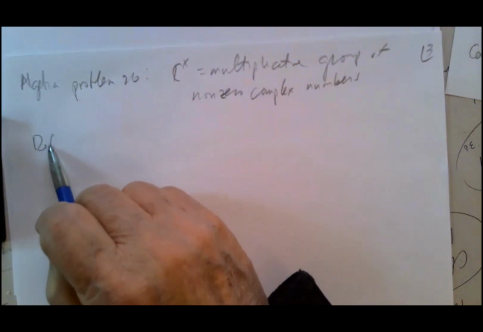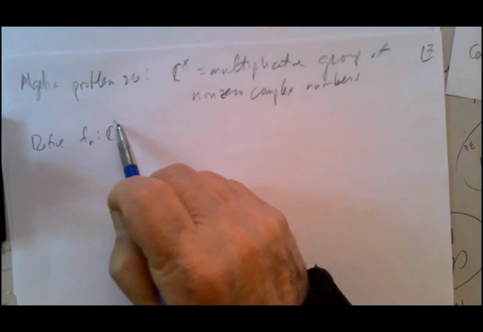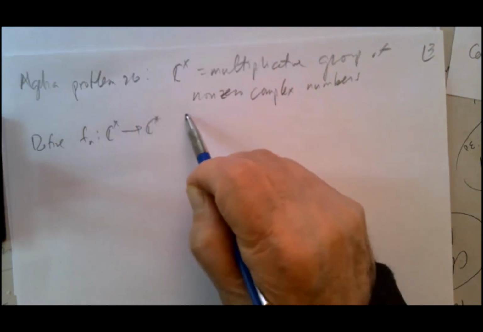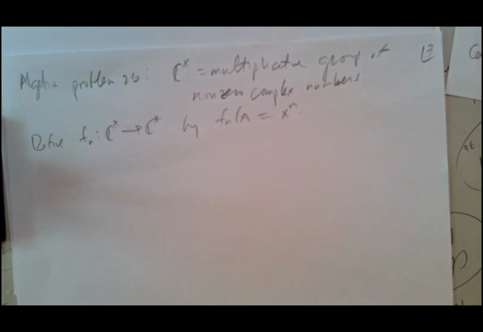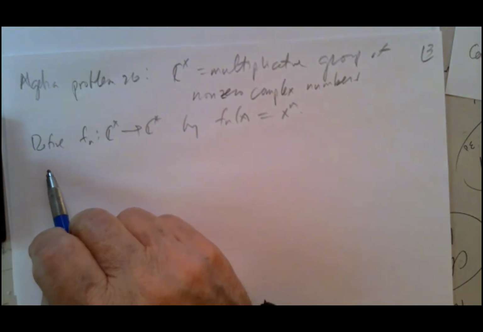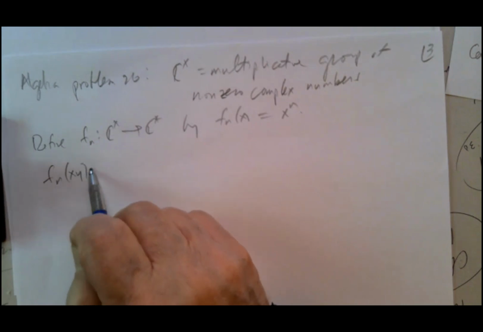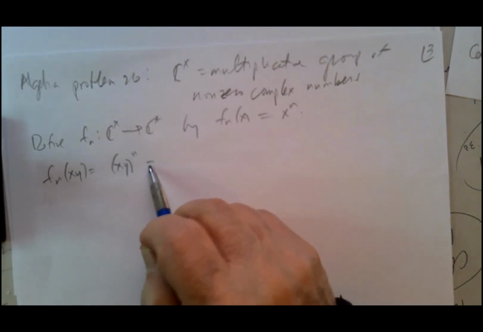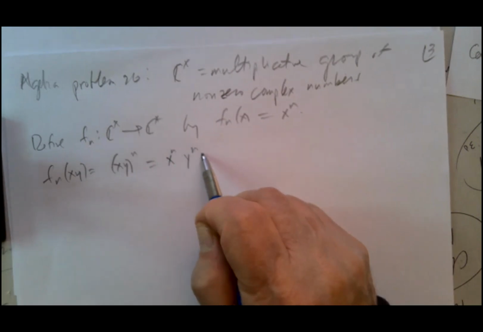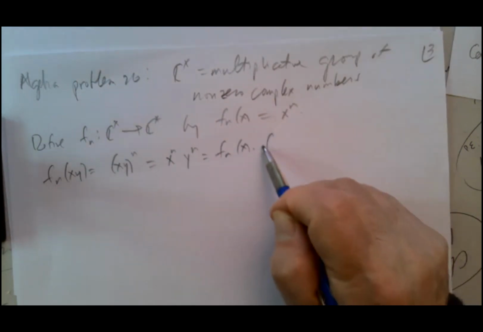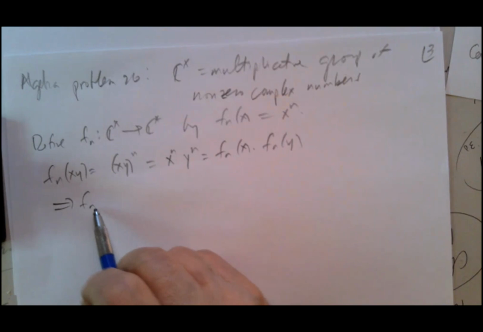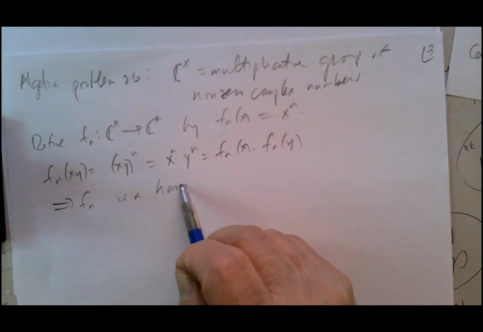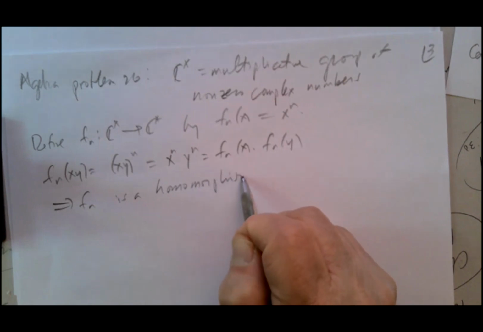And we define f sub n from this group to itself by f sub n of x is just x to the power n. So if you take any two complex numbers, f sub n of xy, that's (xy) to the n. But for complex numbers, that's just x to the n, y to the n, which is f sub n of x, f sub n of y. So f sub n is a group homomorphism.